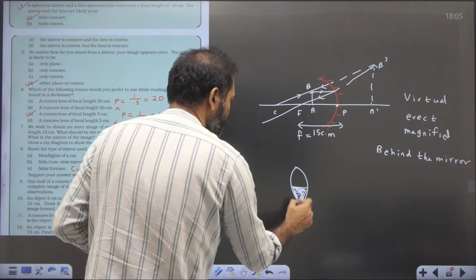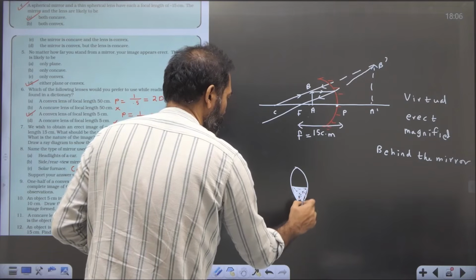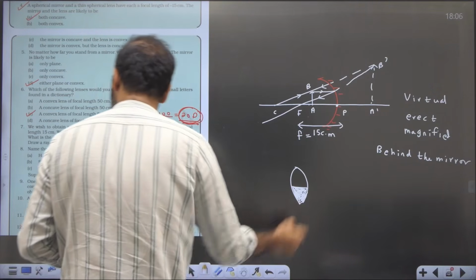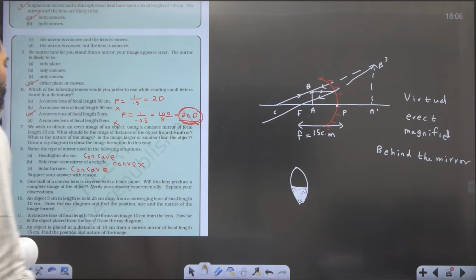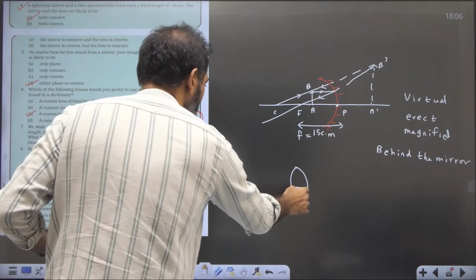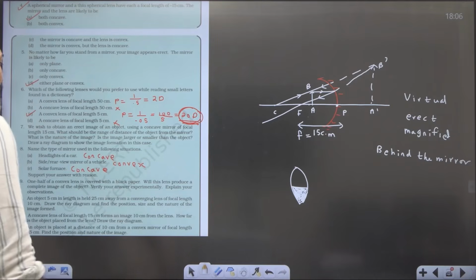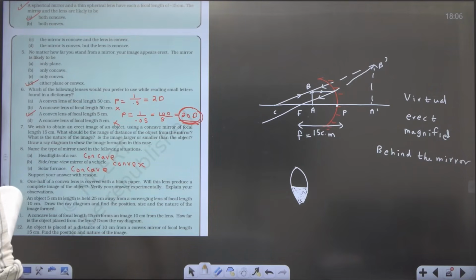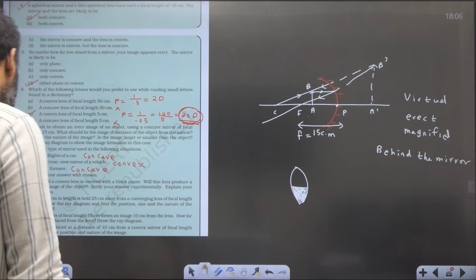One half of the convex lens we are covering with the black paper. This white thing is the black paper. Will this lens produce a complete image of the object? That is the question.